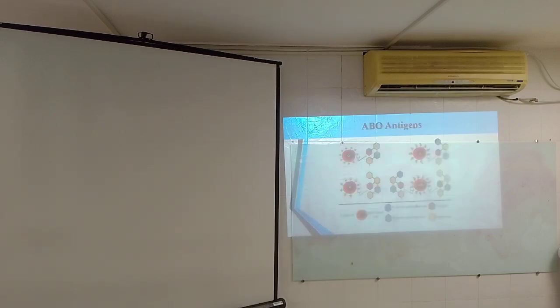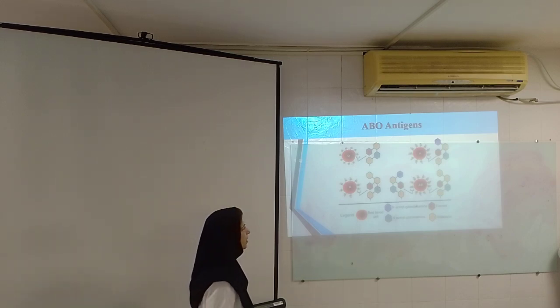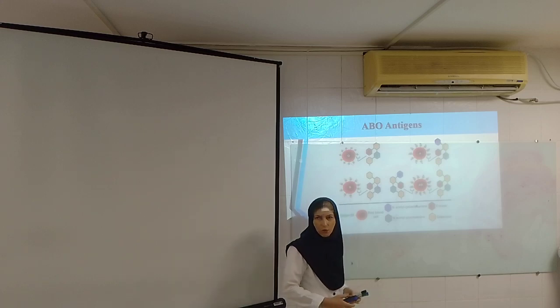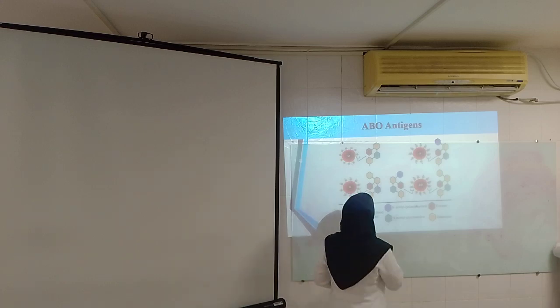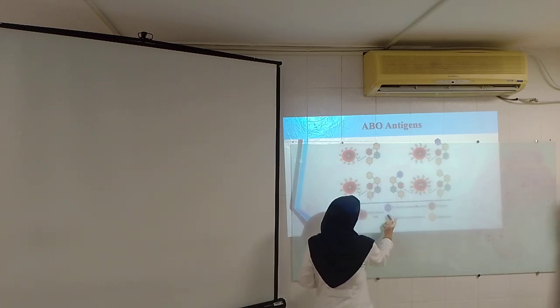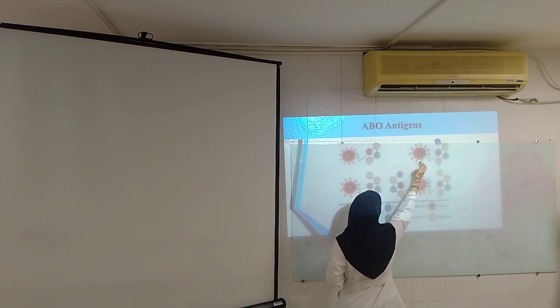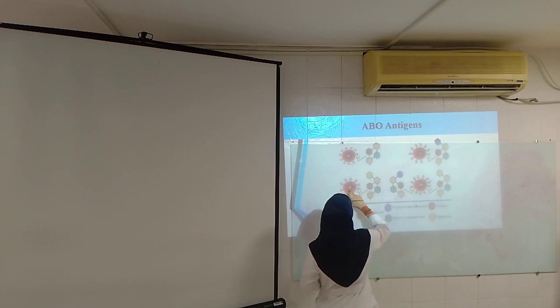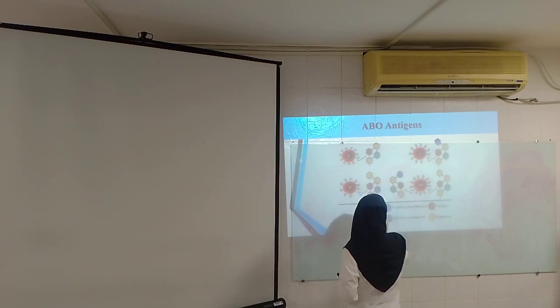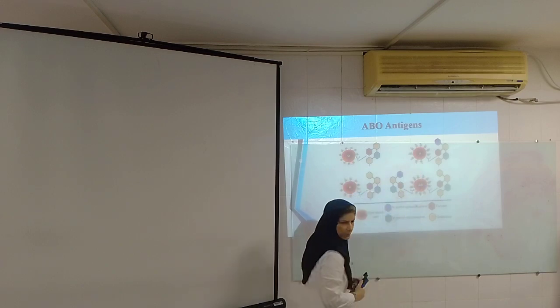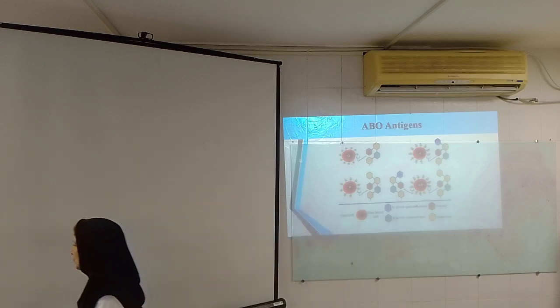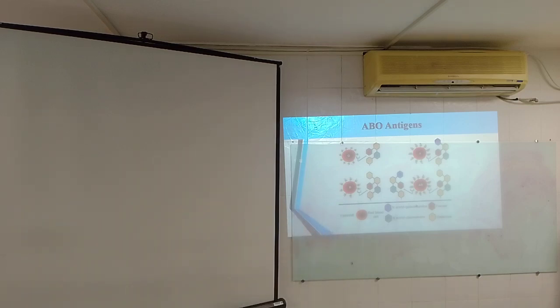What is ABO system? You know, ABO are antigens. They have some sugary structures, and the difference between them is because of the kinds of these sugars. For example, this is related to A group, B group, O group, and AB, and you can see the difference between them based on the sugar that's used in the structure.